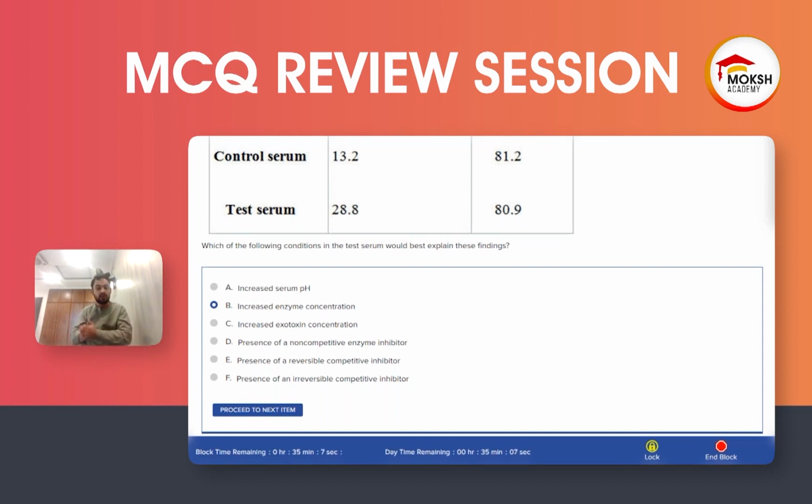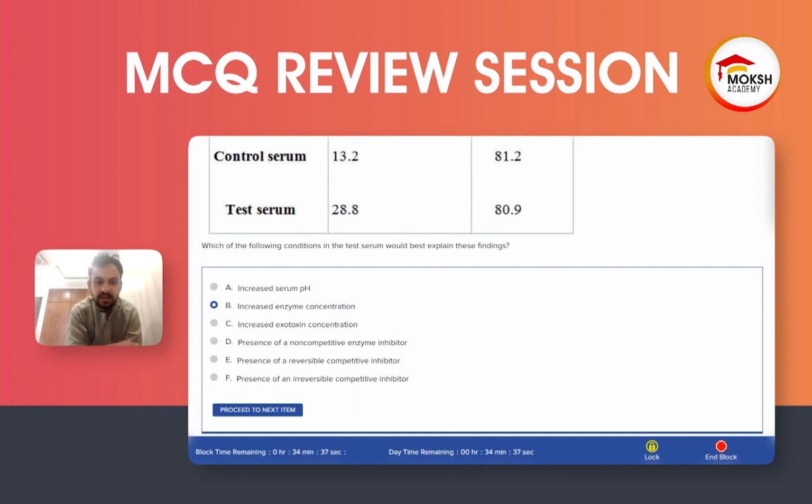That's why, when we decrease the availability of enzyme for the reaction, the Vmax will go down. It's the opposite of this reaction. Here the test serum should go down compared to control, so choices D and F are wrong. In these two conditions, the Km, the Michaelis constant, will be the same.